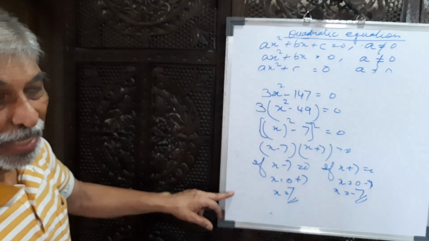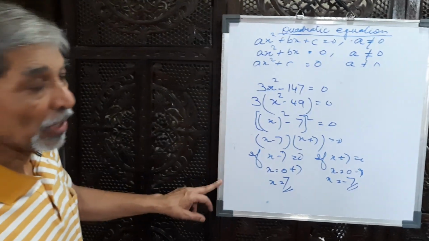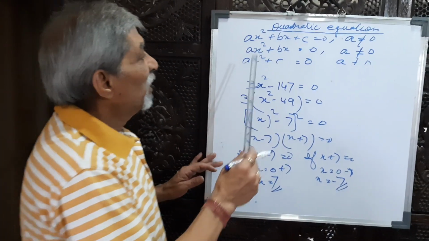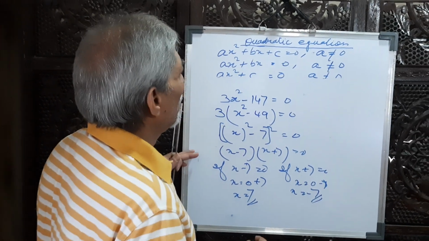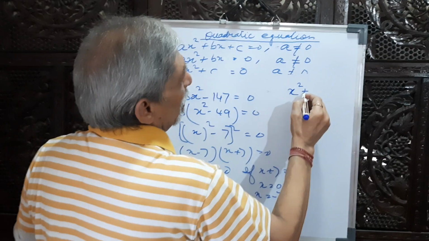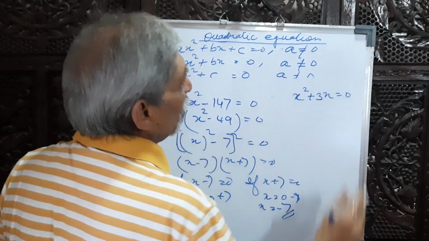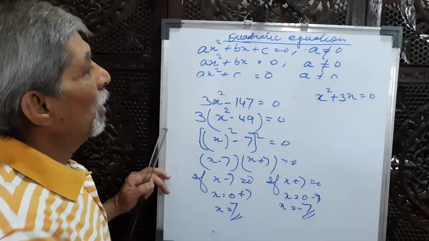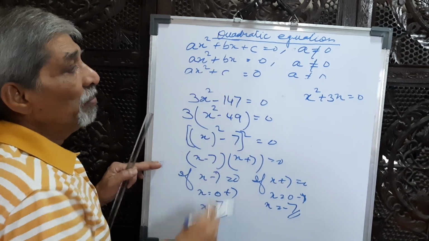This way by the binomials we can solve this. We will see the form ax squared plus bx equal to 0. x squared plus 3x is equal to 0. Here this is the ax squared plus bx form.